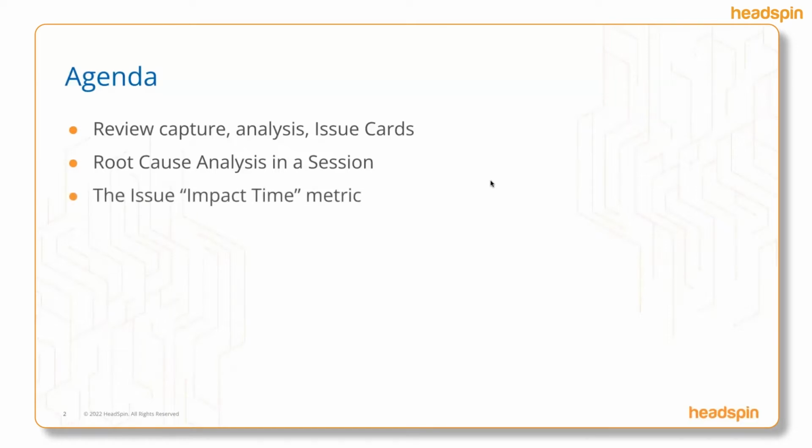We'll dive into the issue impact time metric and define what that means and take a few different perspectives on how that metric can be interpreted. And then we'll get into essentially the design process, or the thought process, around how to go about improving the user experience using the HeadSpin issue cards.